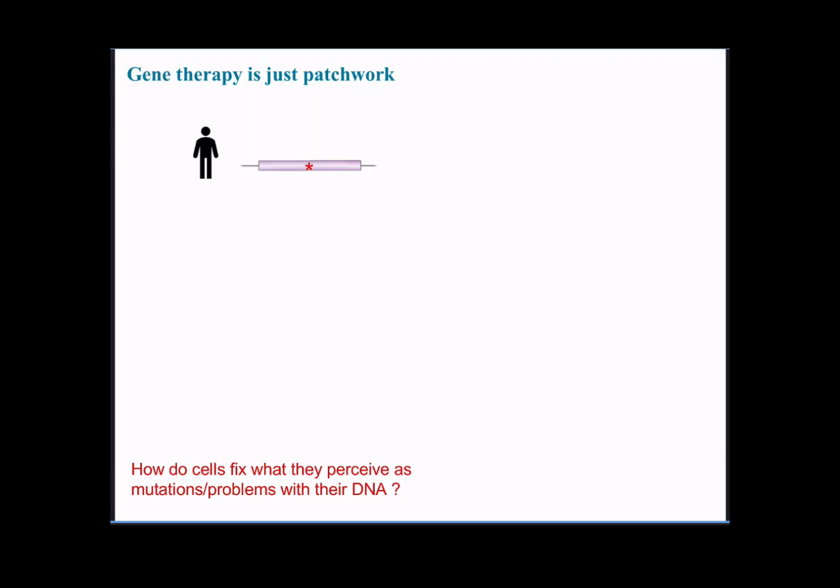But let's say that there is a mutation. So if you really wanted to fix the problem from scratch, instead of providing these genetic sequences separately with adenoviruses or retroviruses that integrate themselves in the patient's genome elsewhere, wouldn't it be cool if we could go in and fix that problem to begin with, right?